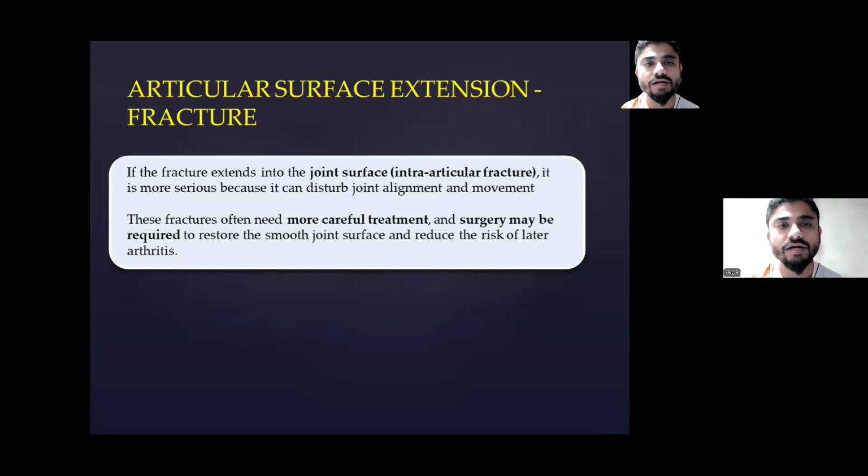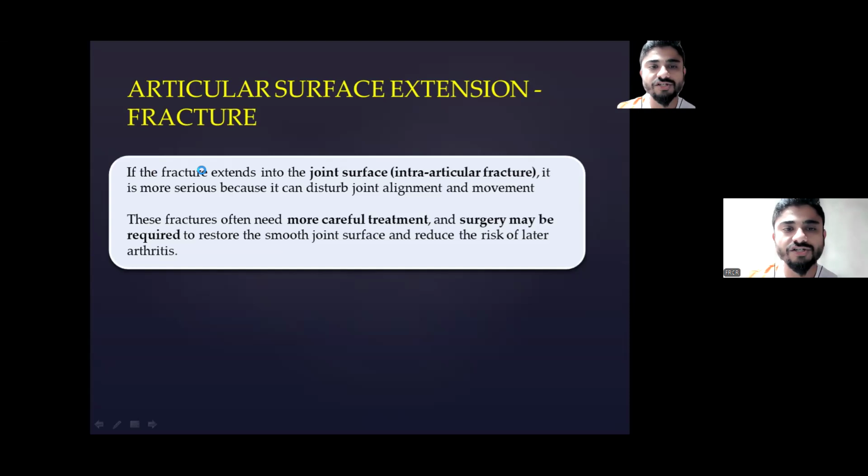It is difficult to identify whether there is intra-articular extension or not, because intra-articular extension depends on where the joint capsule is actually attaching. Okay, on the radiograph it is difficult to see and to demarcate the exact attachment of the joint capsule. So it would be better if you just mention on the radiograph whether there is joint surface extension or not.